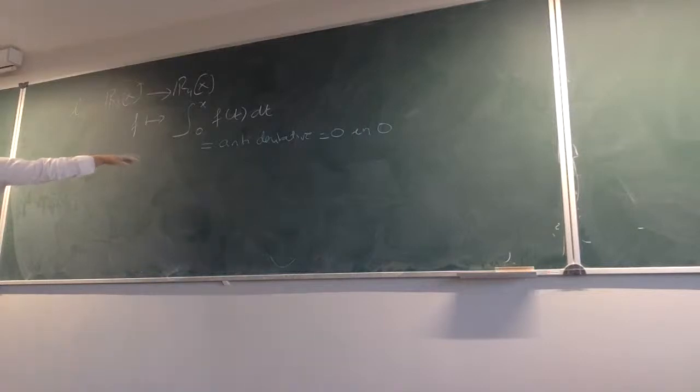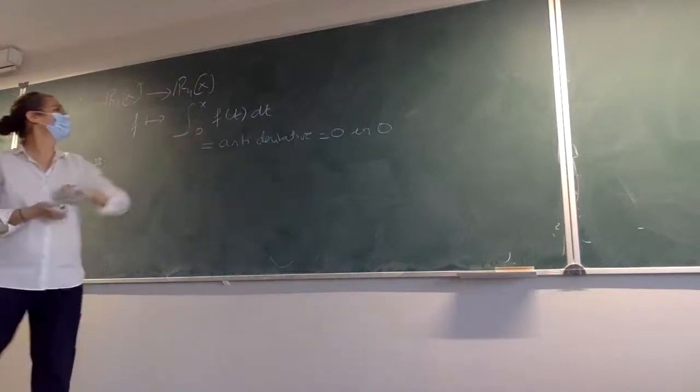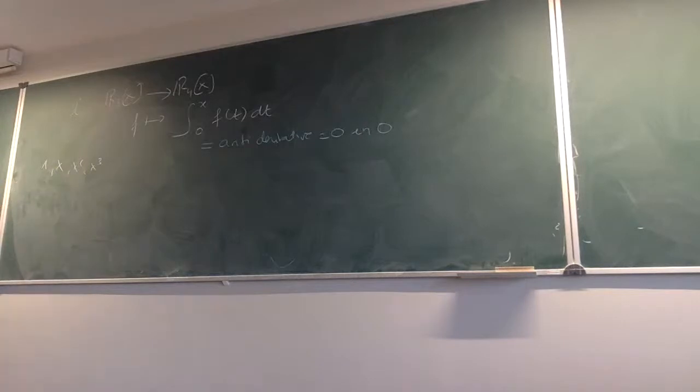That's always an interesting thing to do. What would be the primitive of constant 1? The primitive that is X. Primitive of X that's cancelling in 0.